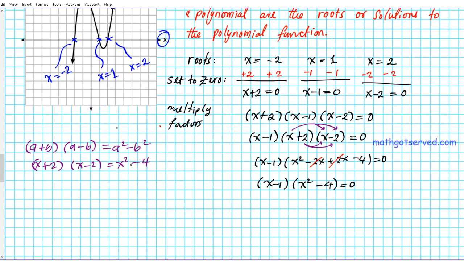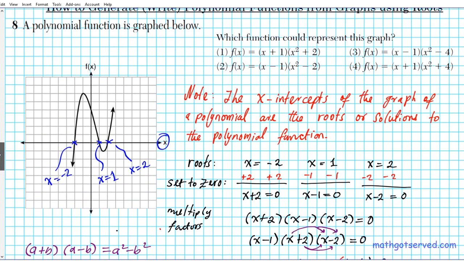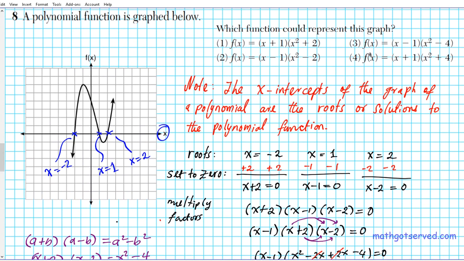And we see where this plays a role, right? Alright, so this is the related polynomial equation. The function is f of x equals x minus 1 times x squared minus 4. The answer to problem 8 is option number 3.